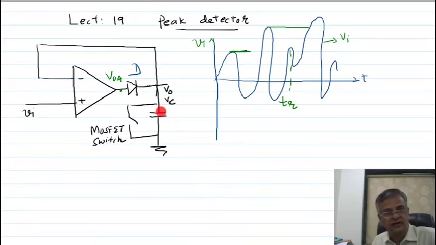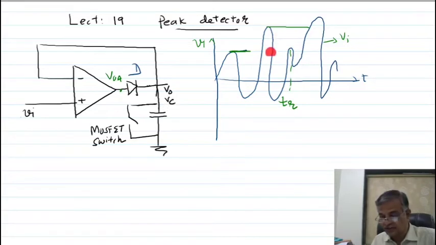So it holds this peak. Now along the input signal, if another peak is coming and its voltage is more than the previous peak, then again the capacitor will store the new voltage peak.